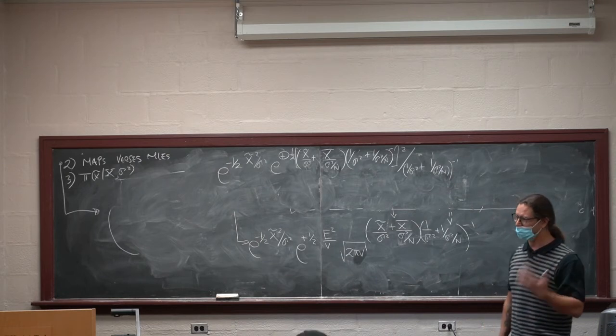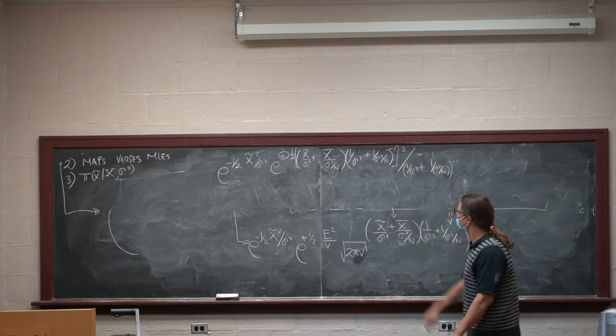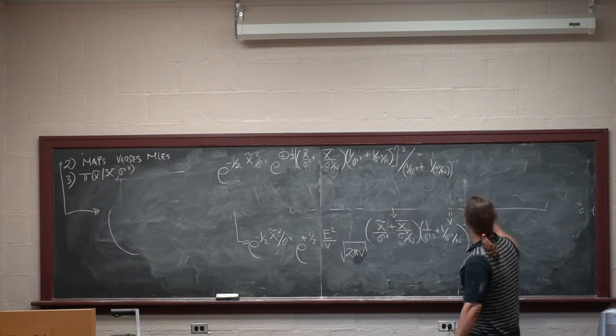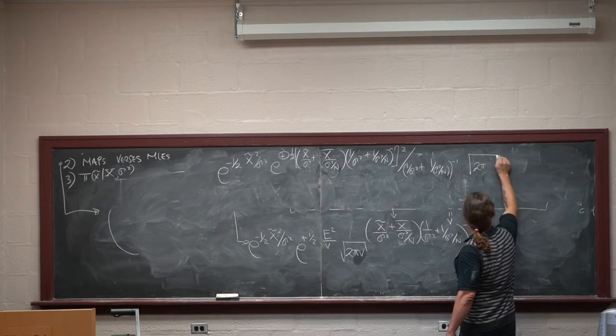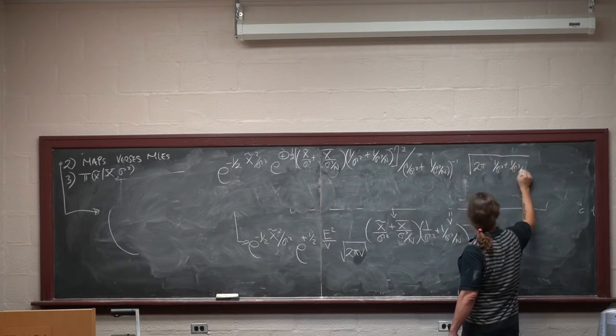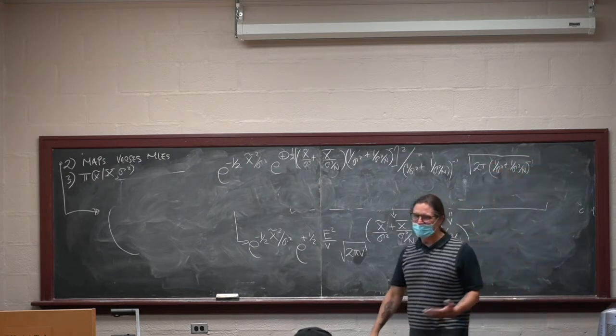So lots of bookkeeping, because that's what D is. And then I've got my square root 2 pi, 1 over sigma squared plus 1 over sigma squared over n, inverted right here.